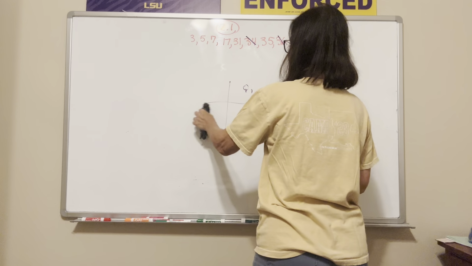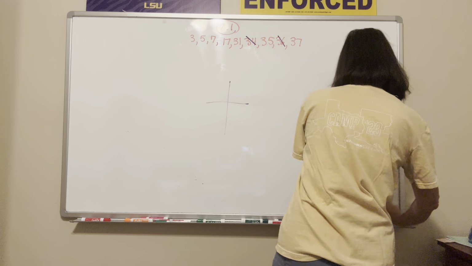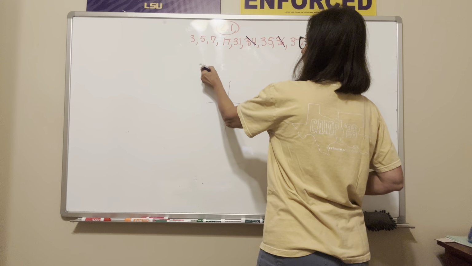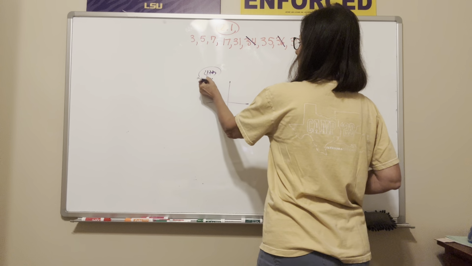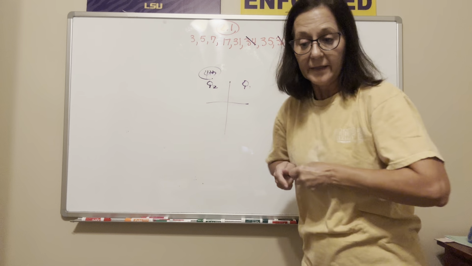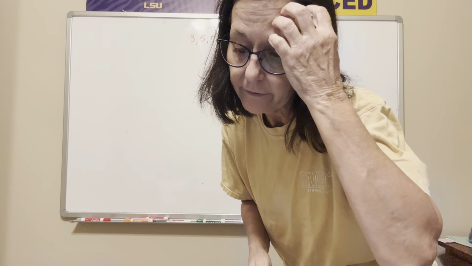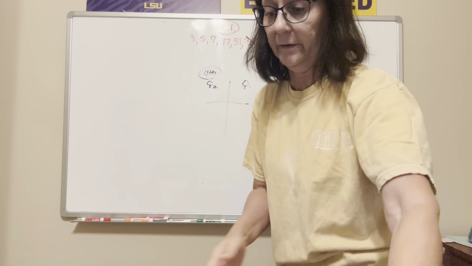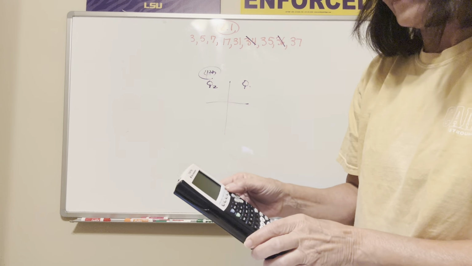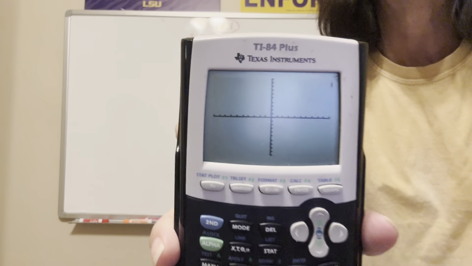Now, this is a 4th degree, so it's even. It's going to start in quadrant 2 and end in quadrant 1. And that lead coefficient is positive, so it's going to open up. I'm leaving my window at negative 10, 10, negative 10, 10.